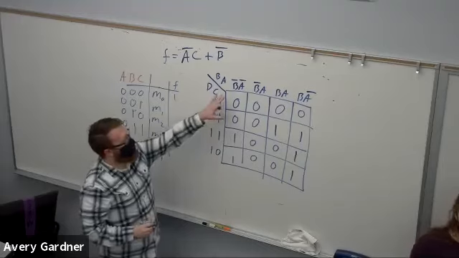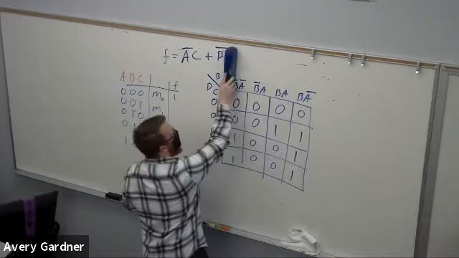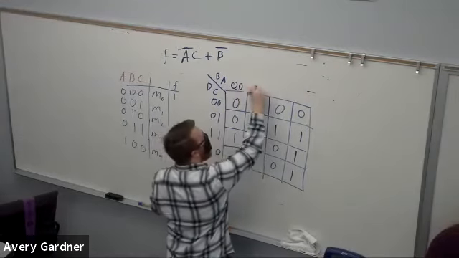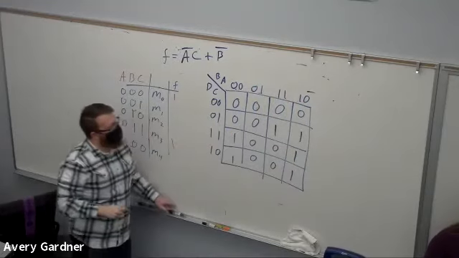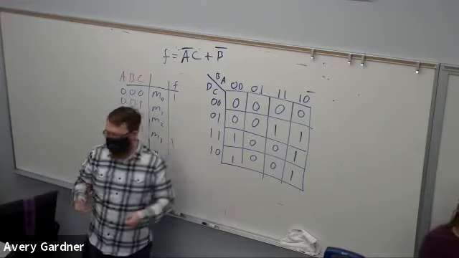I don't like this way, and I always screw it up. So I'm going to stick to the zeros and ones. All right. Now we start looking for the implicants.